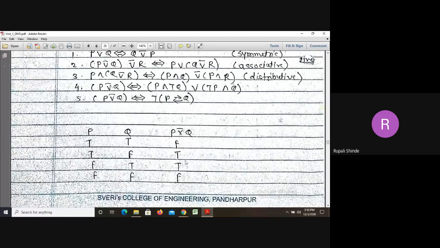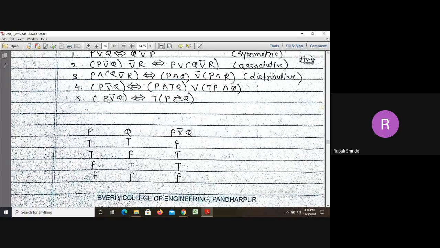At another time we will get value as T if value of P is F and value of Q is T. So for this F, we have to take negation of P. So negation of P and value of Q is T. So we have to consider it in original form, that is and Q. That's why this formula has come. P XOR Q is equivalent to P and negation Q or negation P and Q.